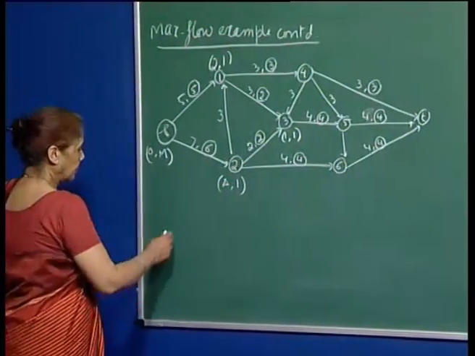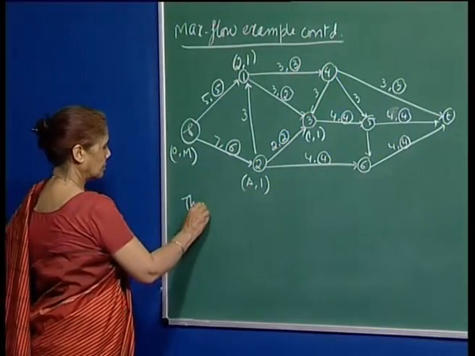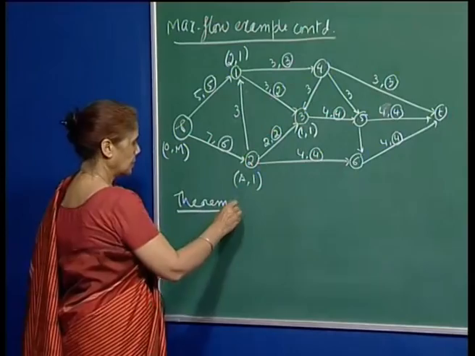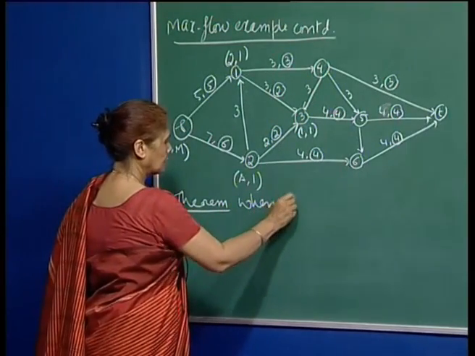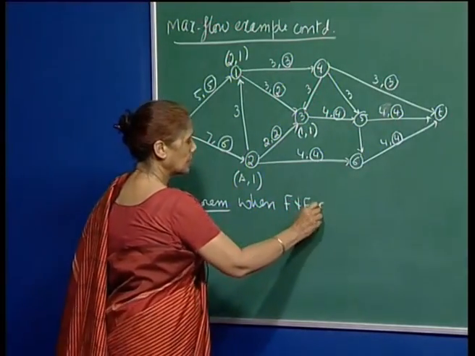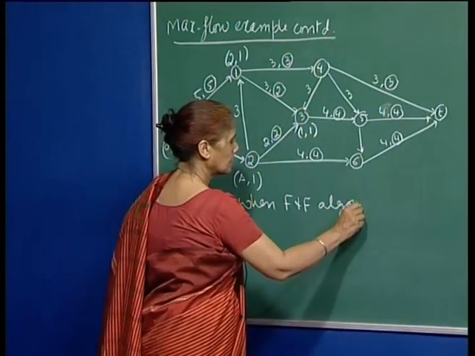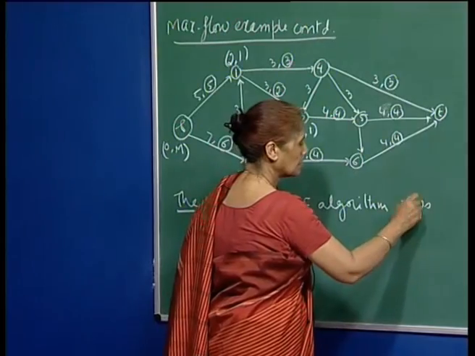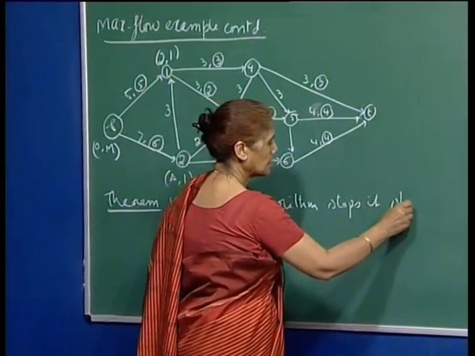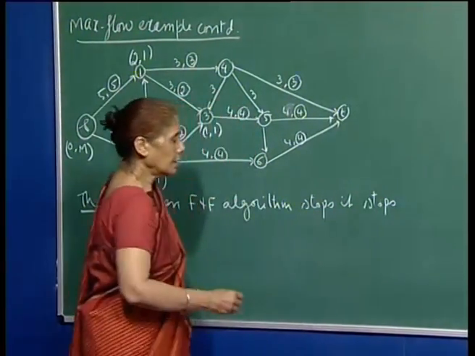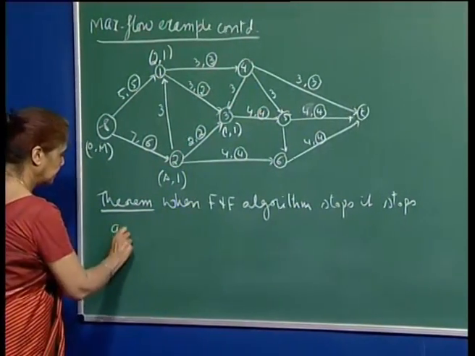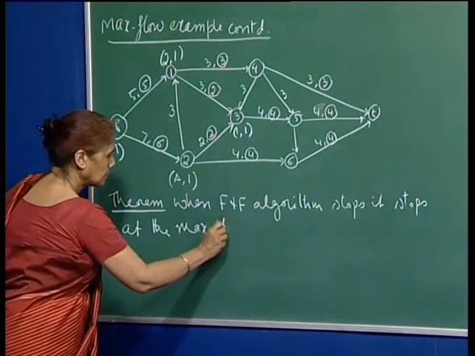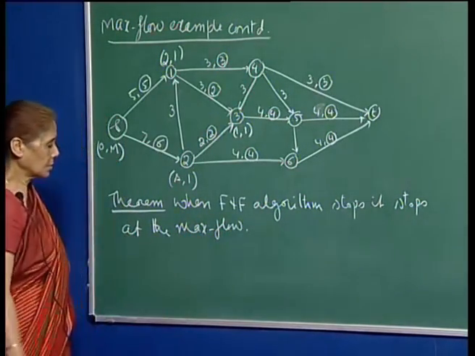Theorem: when the Ford and Fulkerson algorithm stops, it stops at the maximal flow. Okay, so let us prove this.